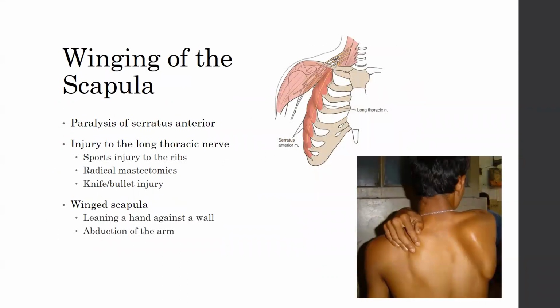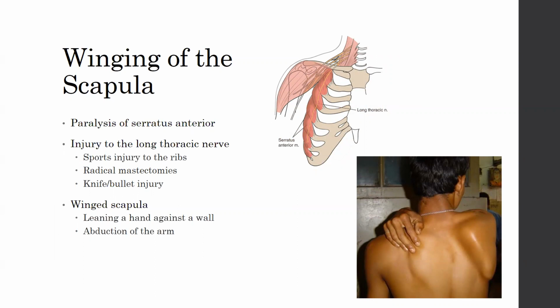All right, on to some nerve stuff. So we'll start with something I also love to talk about, winging of the scapula. Basically, the mechanism is a winged scapula is caused by paralysis of serratus anterior, and that's because serratus anterior can't hold your scapula against your chest wall.